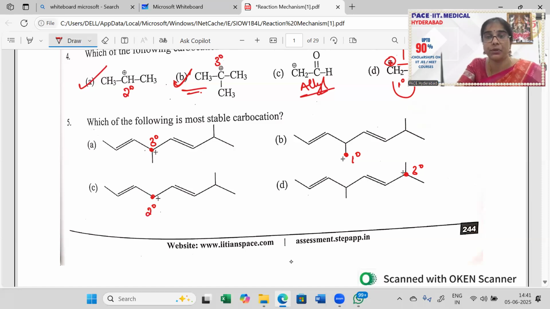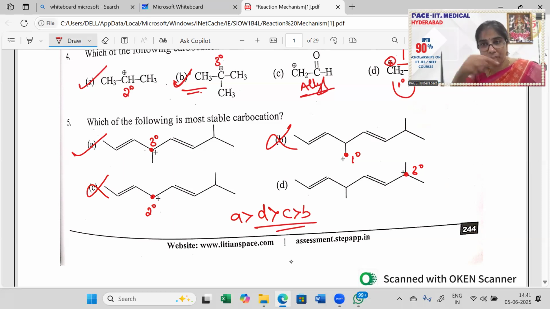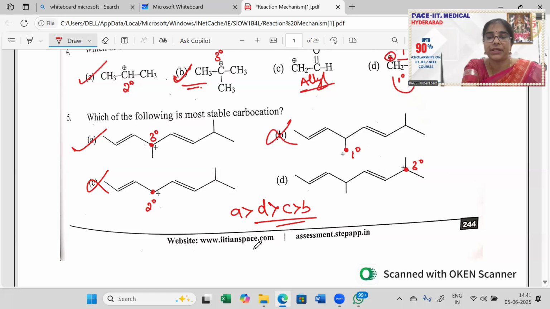So definitely I have cancelled out my B and C. Now the choice is between A and D. Between A and D, I can see resonance, which means charge, single bond, double bond, and then single bond. I can see this set of resonance going on in option A. So A is more stable, then comes D. Then I will talk about C and B if I have to put them in order: 2 degree and 1 degree, right?